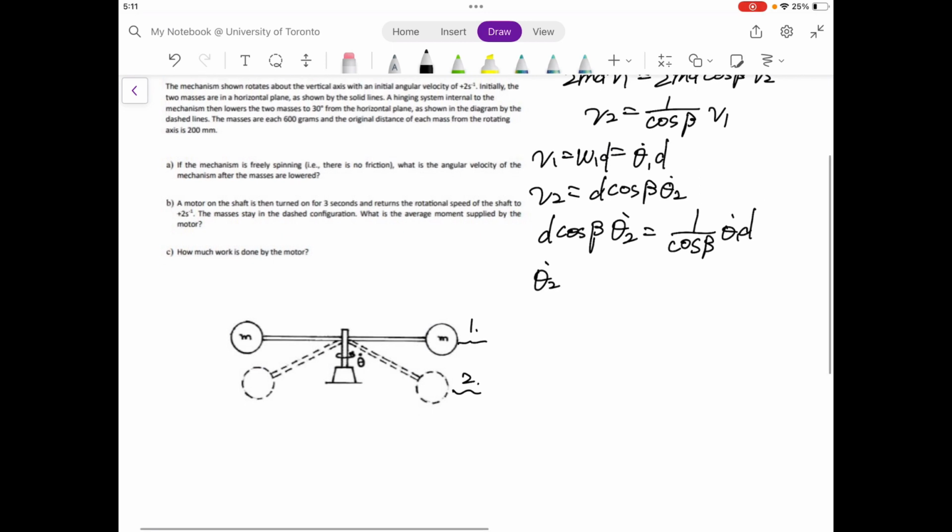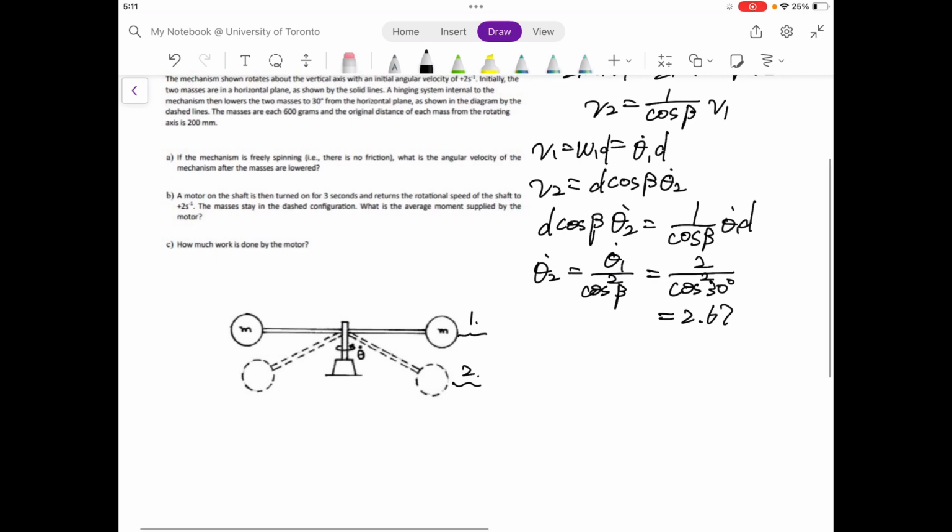Then theta 2 dot is equal to theta 1 dot over cosine beta square, which is equal to 2 over cosine 30 degrees square, which is equal to 2.67 radians per second.